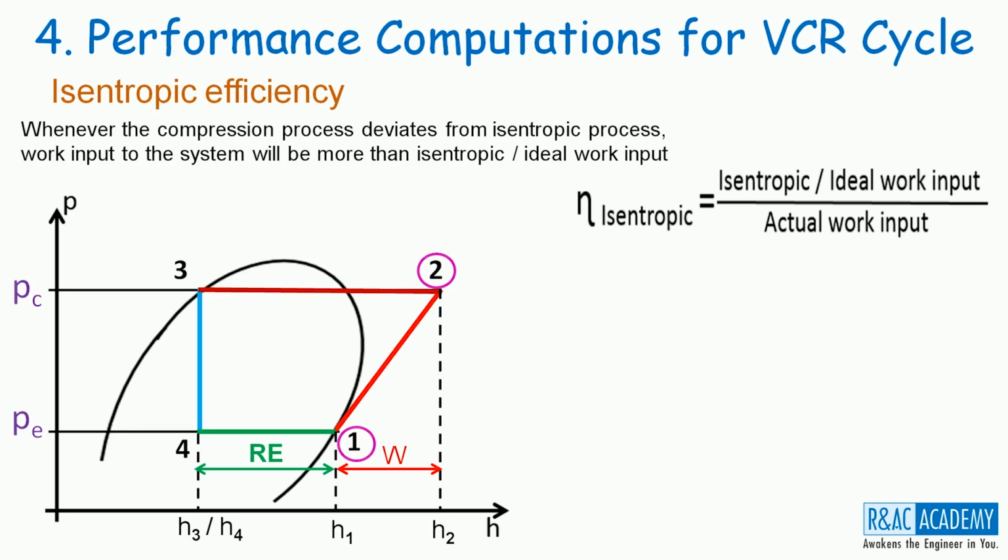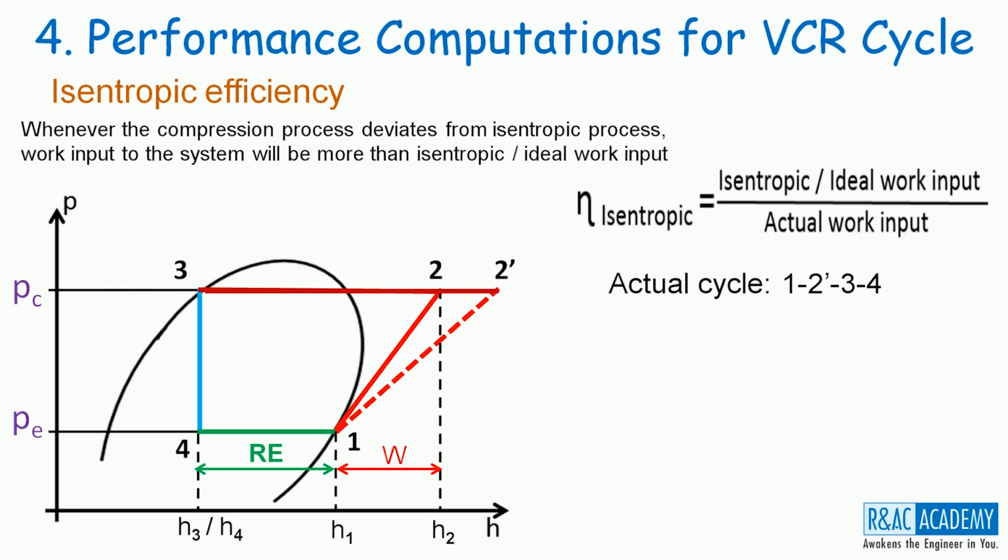Therefore, the state of the refrigerant entering into the compressor remains unchanged. However, the state of the refrigerant at the compressor exit will move towards the right to the state point 2 dash. Therefore, the actual cycle would be 1, 2 dash, 3 and 4.